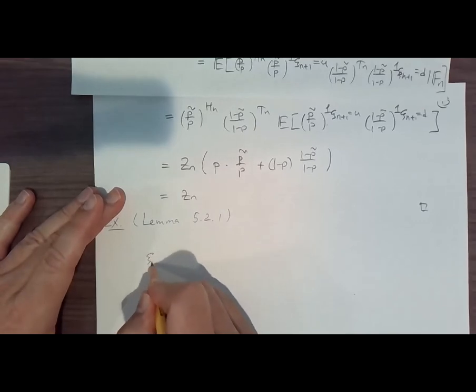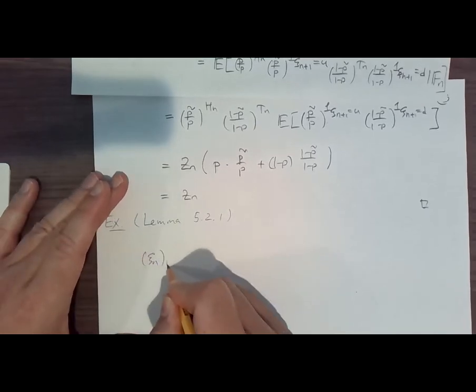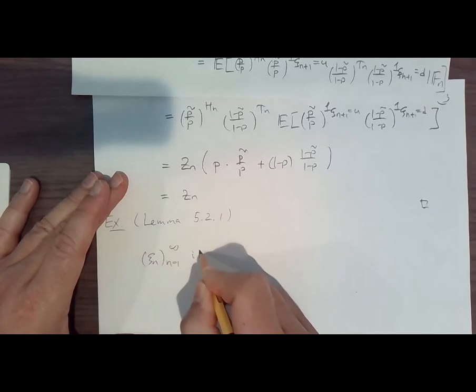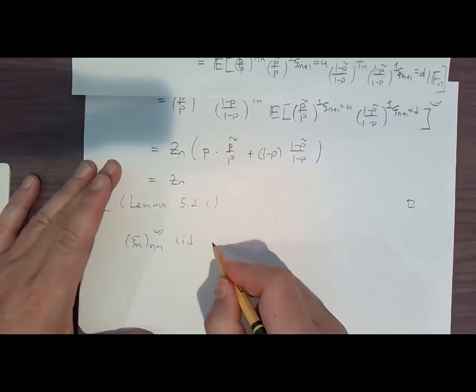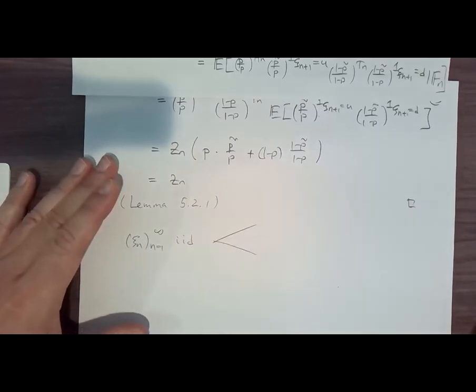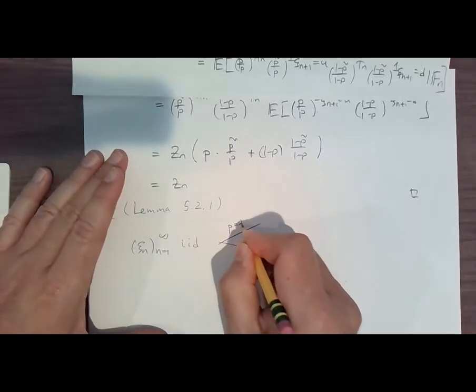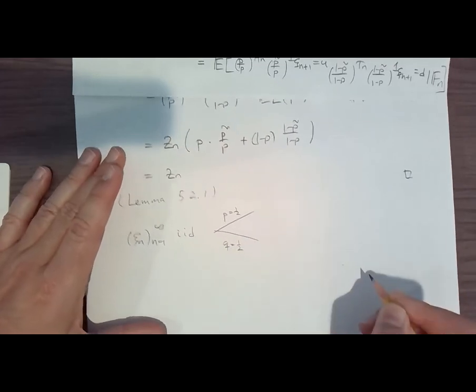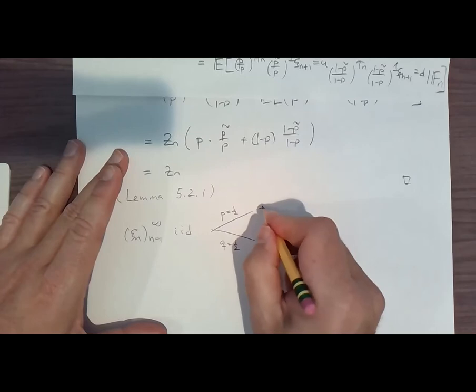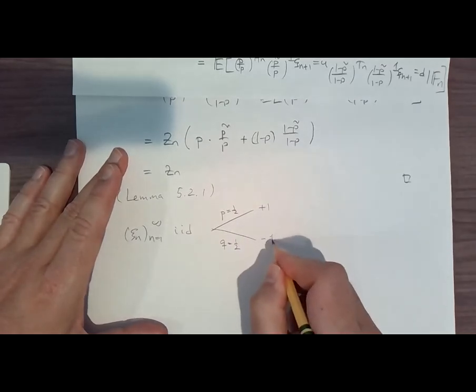So we're going to do psi n. You're going to be IID, but you're going to be symmetric. So the probability of going up is a half, and the probability of going down necessarily must then also be a half, and it goes up with 1 and it goes down with -1.